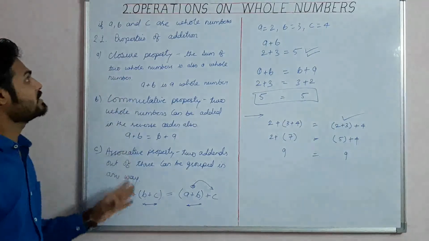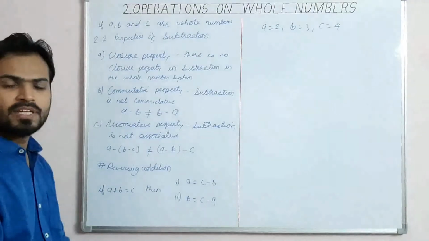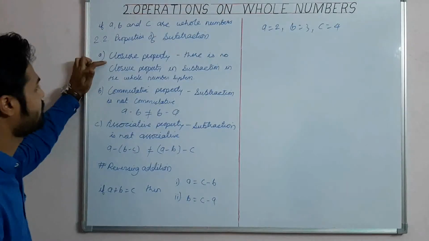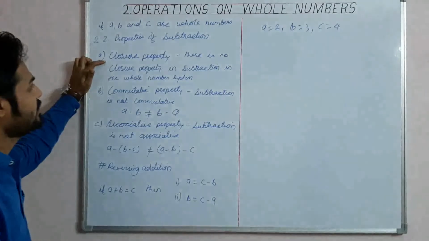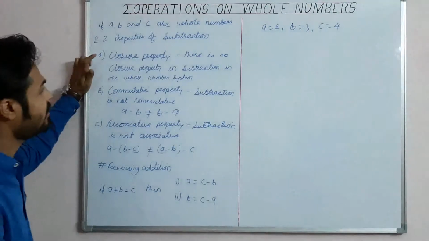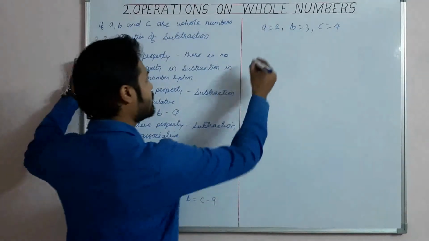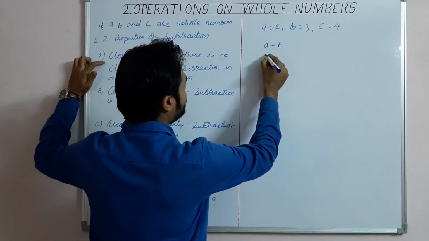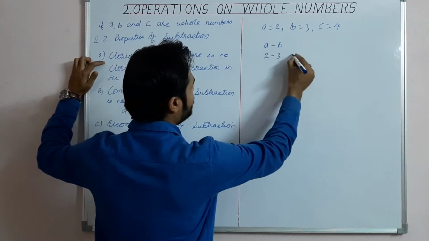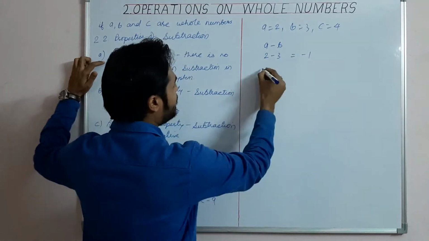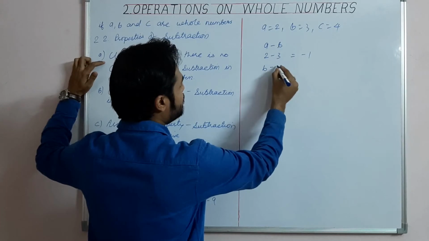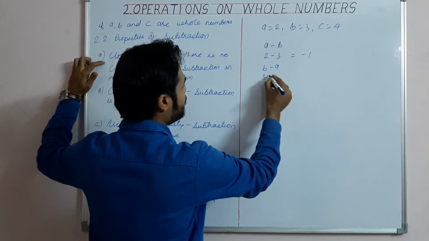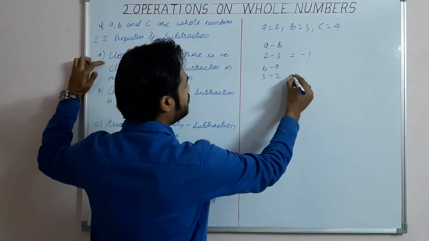So these are the three properties of addition. Next we will see the properties of subtraction. First is the closure property. According to the closure property, the difference of two whole numbers must be a whole number. Now let us check. If we write A minus B, we get 2 minus 3, which equals minus 1. If we write B minus A, we get 3 minus 2, which is plus 1.